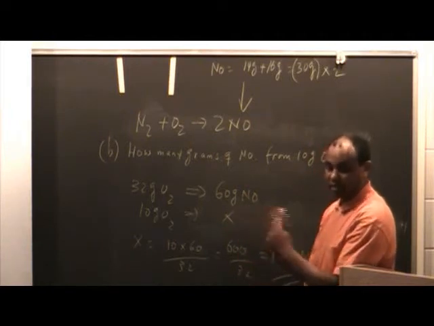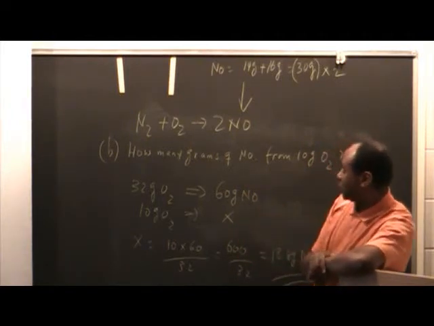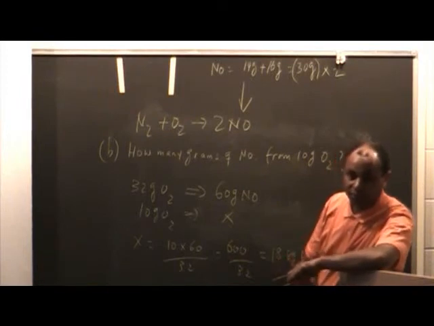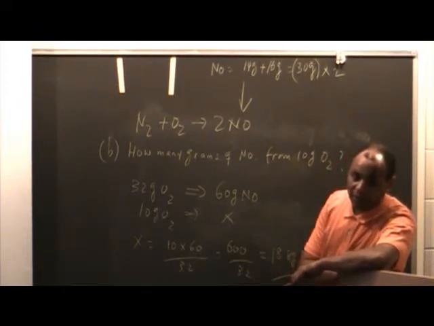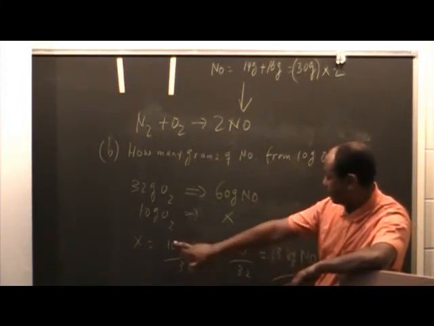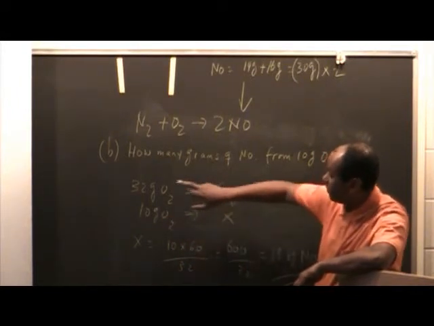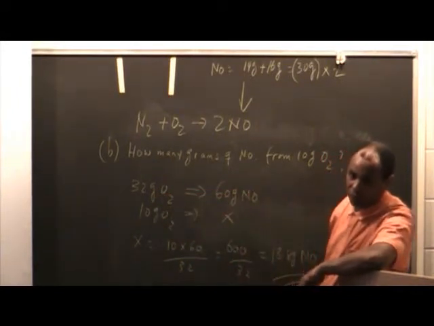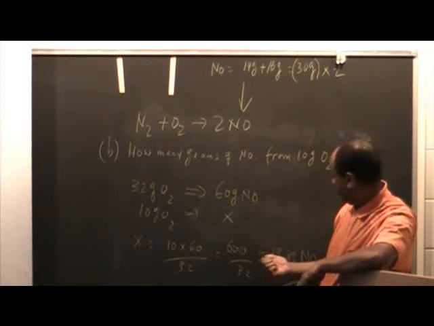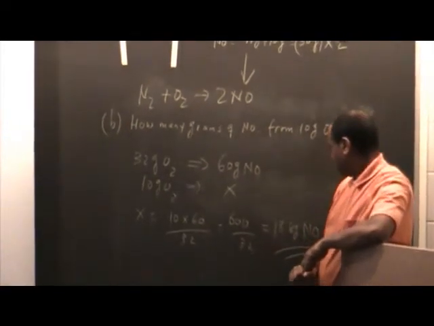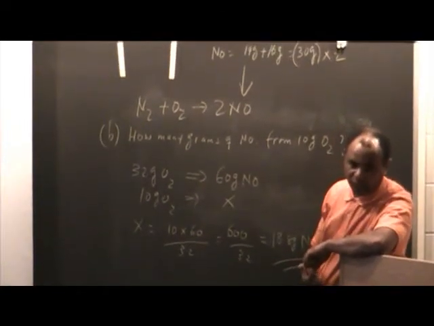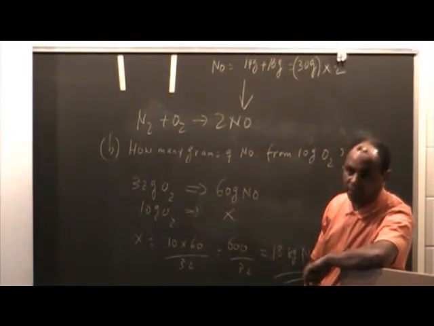So I make a comparison between oxygen and nitrogen monoxide. So you did 10 times 60 divided by 32. Yes. So that's why I came up with 18.8.